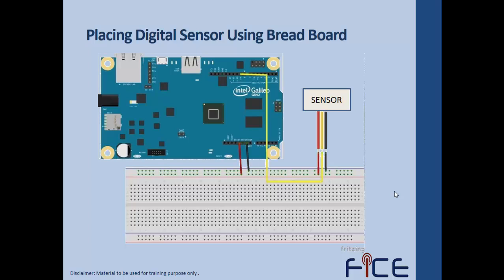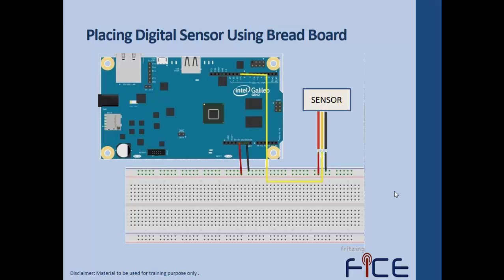When we connect this sensor to the Galileo board, the ground wire is connected to the ground of the Intel Galileo board, and the red wire, the VCC wire, is connected to the VCC of the Intel Galileo board with the help of the breadboard.